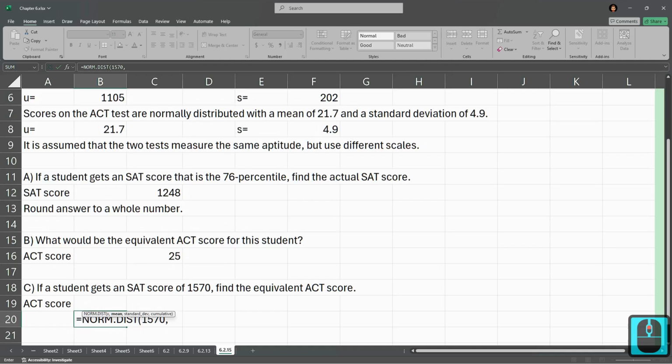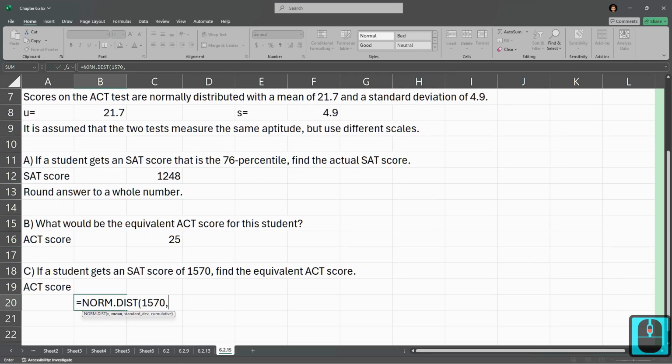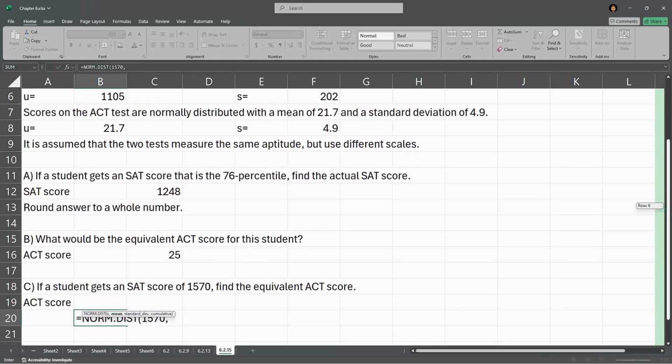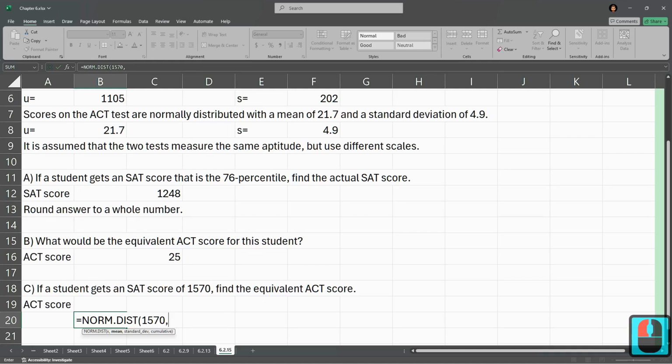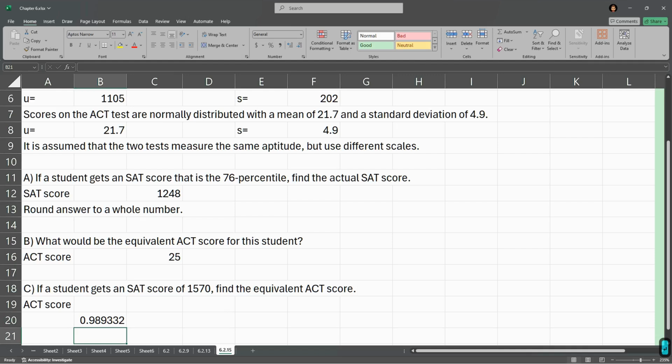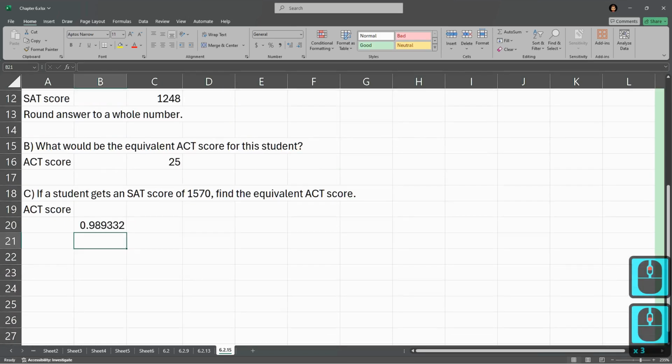All right, this is an SAT score, so I have to make sure I grab the SAT mean, comma, standard deviation, comma, and we almost always go with cumulative true. All right, so this is the percentile. The student scored very close to 1600, so they're going to have a percentile very close to 100%. So here's their percentile.